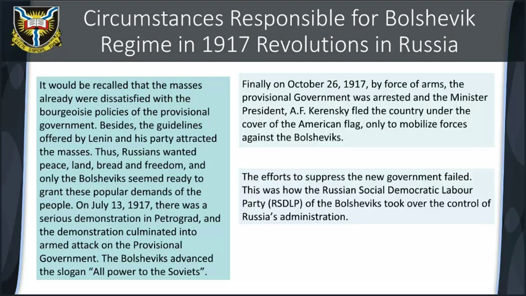Finally, on October 26, 1917, by force of arms, the provisional government was arrested and the minister-president A.F. Kerensky fled the country under the cover of the American flag, only to mobilize forces against the Bolsheviks. The effort to suppress the new government failed. This was how the Russian Social Democratic Labour Party, RSDLP, of the Bolsheviks took over the control of Russia's administration.